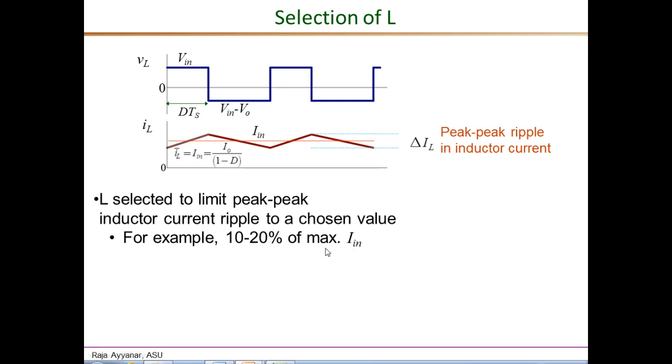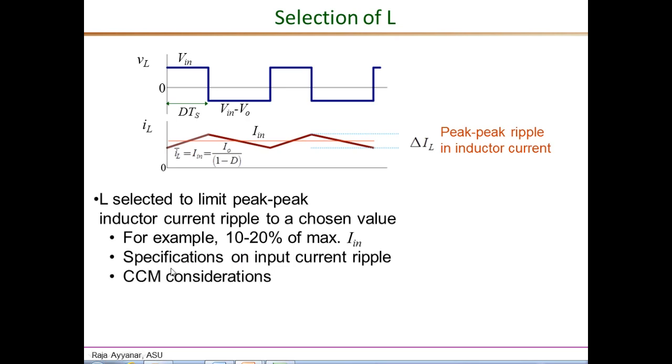Or, since the L is on the input side, very often there may be user given specifications on the maximum value of the input current ripple. In that case, that's what we should use in this design process. So delta IL would be a specification given to the designer of the boost converter.